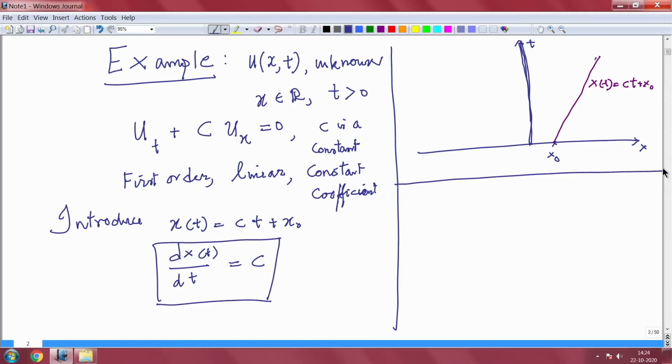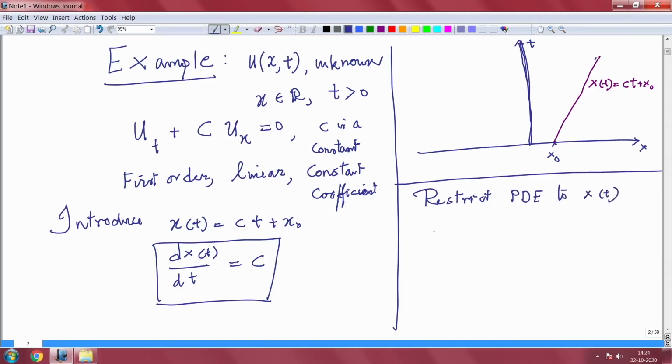Once I do that, I restrict my PDE to this line (x(t), t).